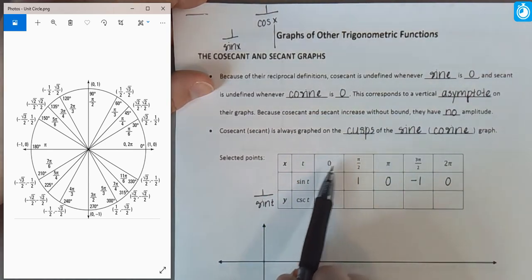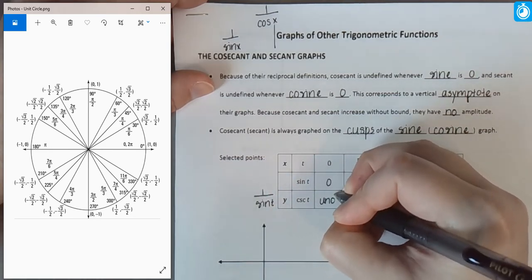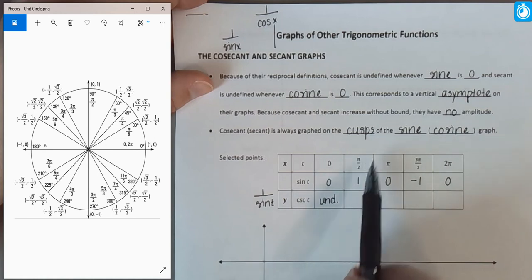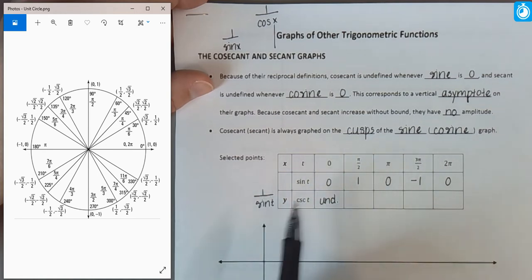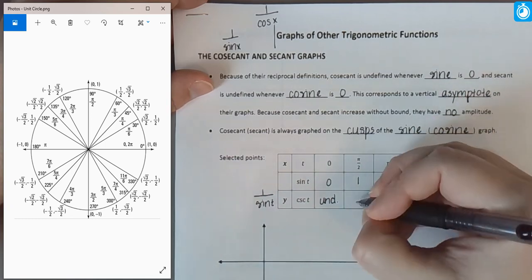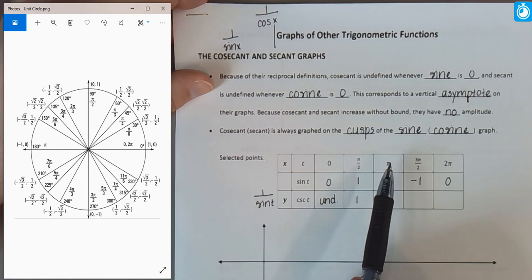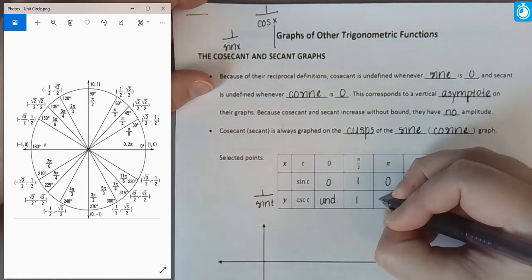Cosecant at 0 radians is going to be 1 over 0, which is going to be undefined. So that's going to be one of the locations where cosecant is undefined. Once we get to pi over 2 radians, cosecant is 1 over our sine, so 1 over 1, which is also going to be 1. Once we get to pi, sine is 0 again, so 1 over 0, again, it's undefined.